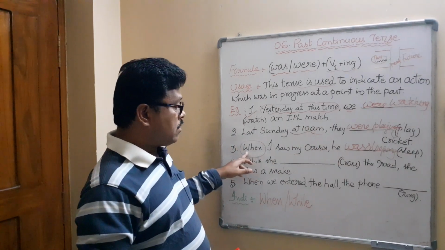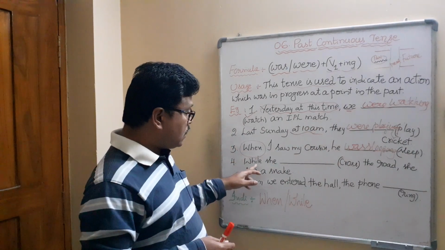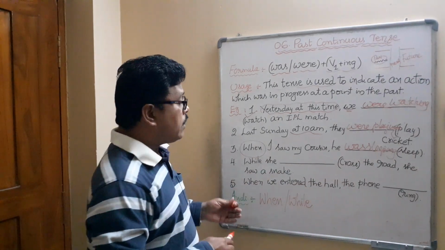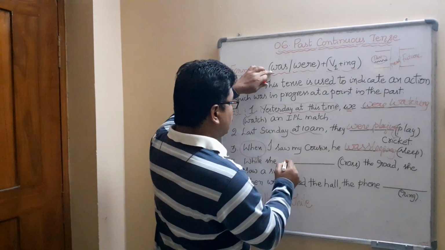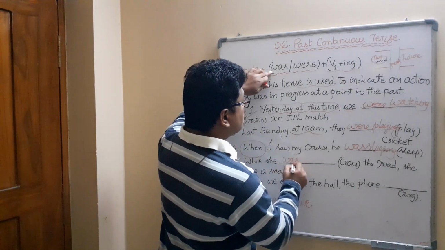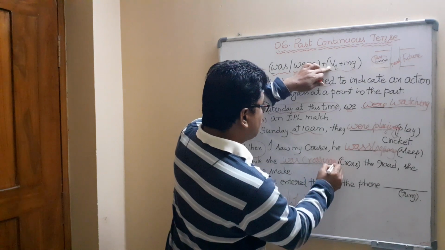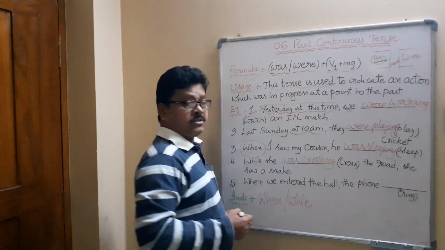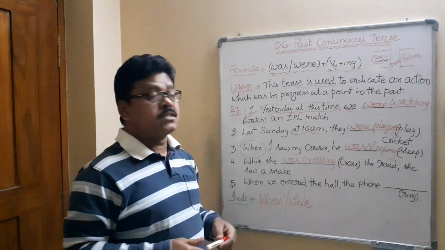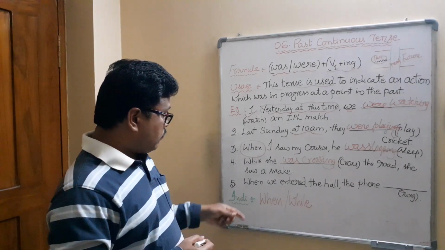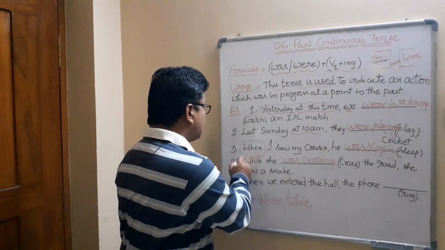When is the indication. Coming to the next one: while she dash cross the road, she saw a snake. While she, singular, was. So cross plus ing form, crossing. While she was crossing the road, she saw a snake. While he was crossing the road, he met with an accident. So while is the indication here.